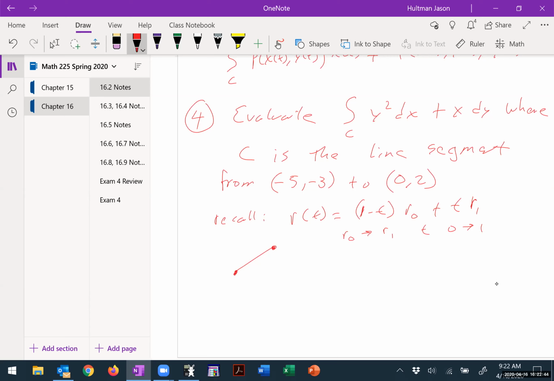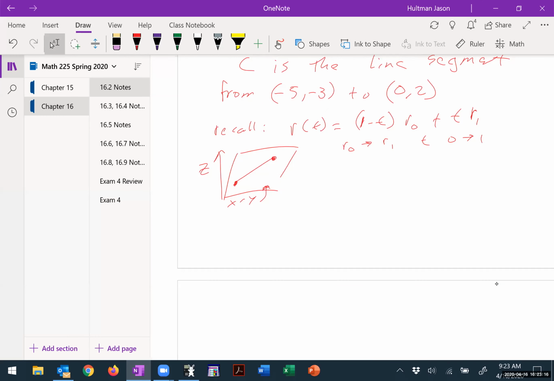I guess that sounded kind of confusing, but just know that this is on the XY plane, but there really is a Z component as well. This is the XY plane. So when we parameterize this thing, we're parametrizing it with respect to 3 dimensions.